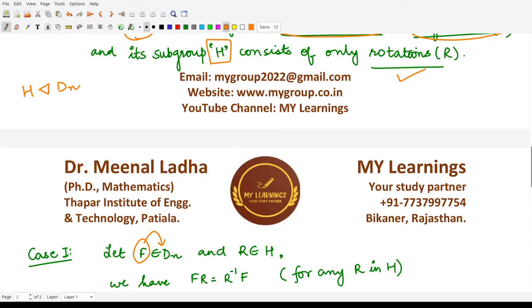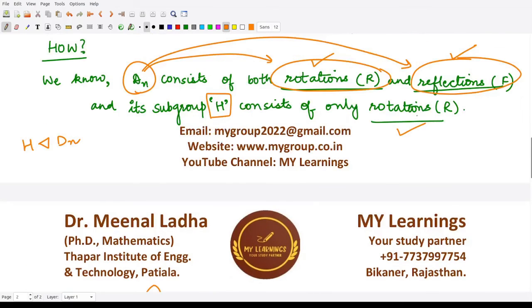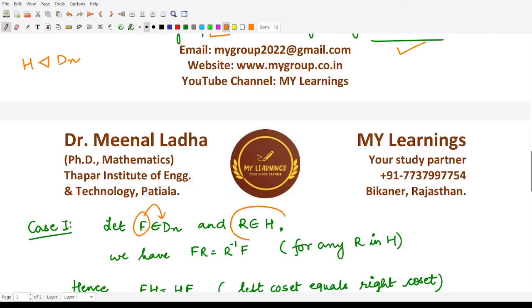Because the subgroup only has rotations, let's take R from H. For any rotation R in H, you would surely have FR equal to R inverse F. This would always be true in the dihedral group. You can check the Cayley table and verify it for each rotation and each reflection.